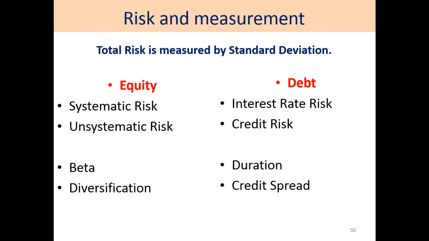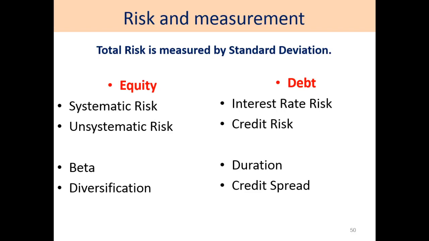In the segment of equity, you have to study only two types of risk: one is called systematic risk, one is called unsystematic risk. Similarly, in the case of debt, the two risks, interest rate risk and credit risk, will take care of most of the risk. So not much is stressed here in terms of knowing the risk and its measurement in the mutual fund.